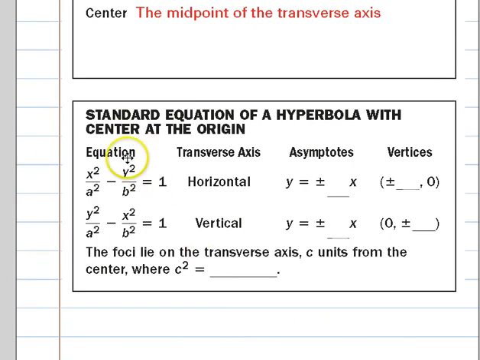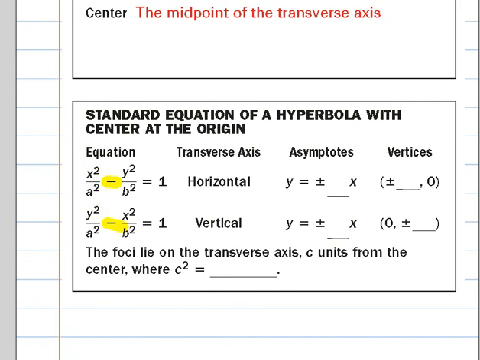So this is the general form of the equation of a hyperbola. Notice the main difference between that and an ellipse is that instead of a plus, we have a subtraction symbol. That lets you know that we're dealing with a hyperbola and not an ellipse. We can say the hyperbola is a horizontal hyperbola if the larger number, a squared, is underneath the x.